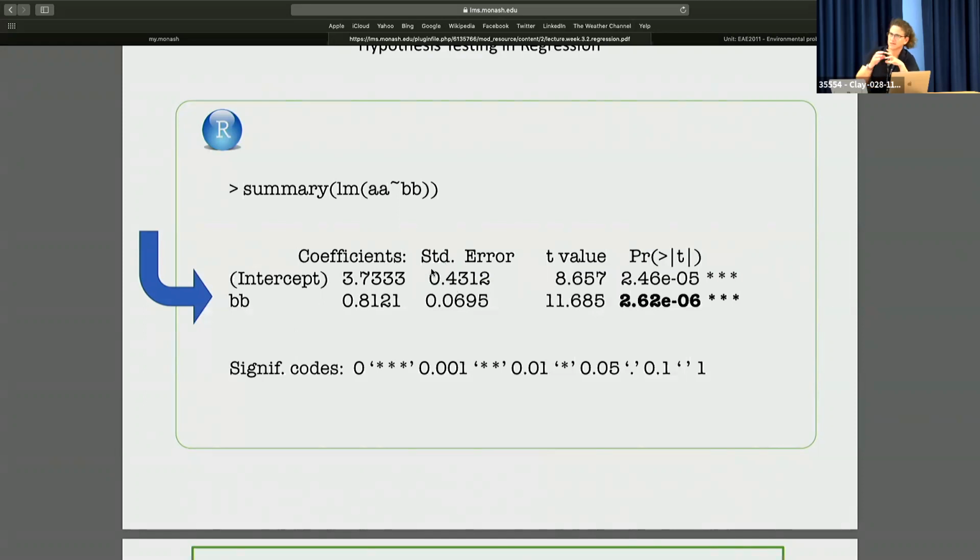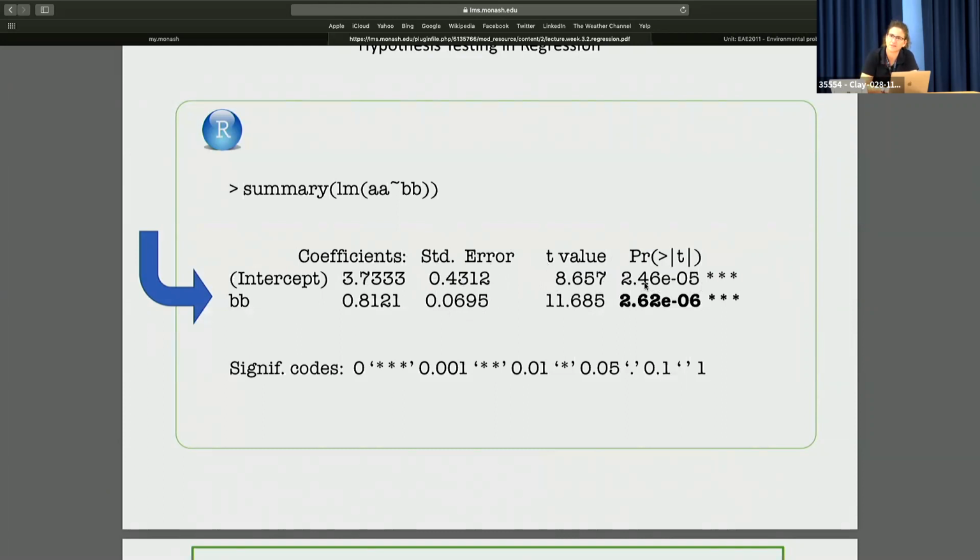However, there's a standard error around that. Remember we said this is just part of the population. The population has a standard deviation, so there's a standard error to that. I have a mean and a standard deviation, so I can test that with a t-test. I have a t-value, and I can see whether this is different to 0.